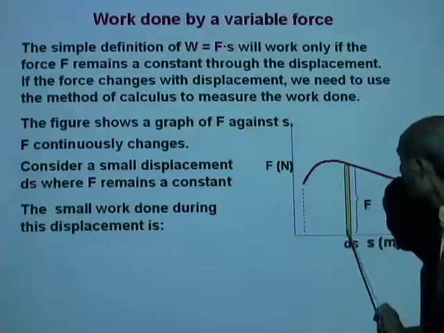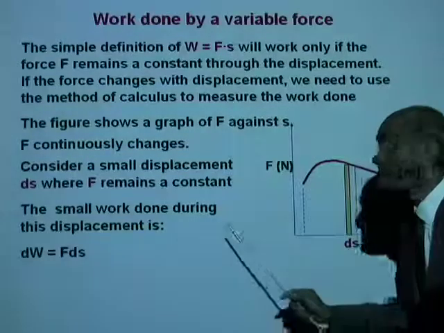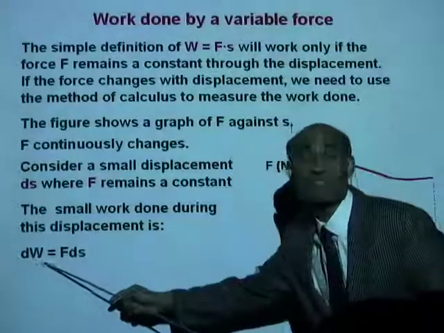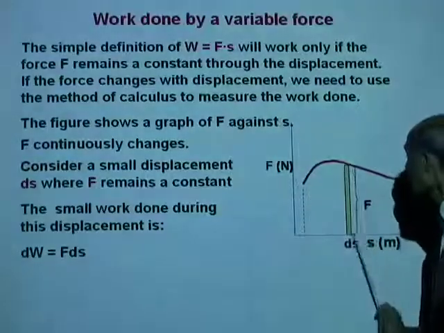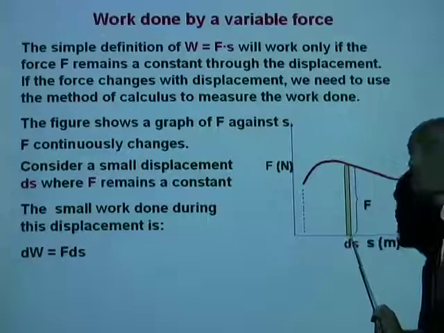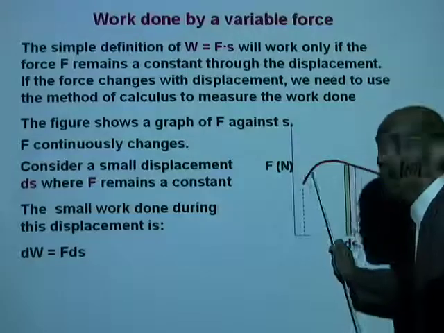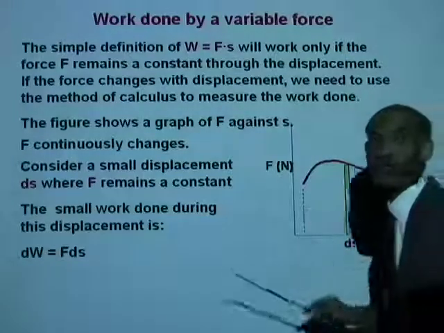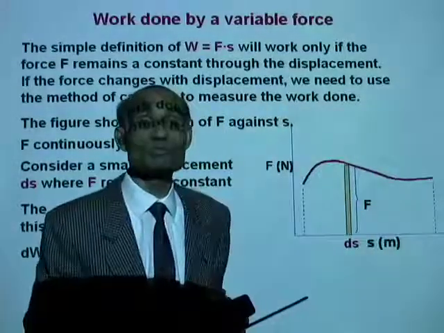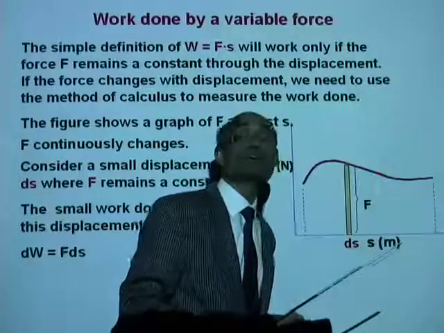Therefore, the work done for this very small displacement can be written as dW equal to force multiplied by that small displacement. We can do that all over under this graph, and then add up all those small dWs. That will give you the work done.